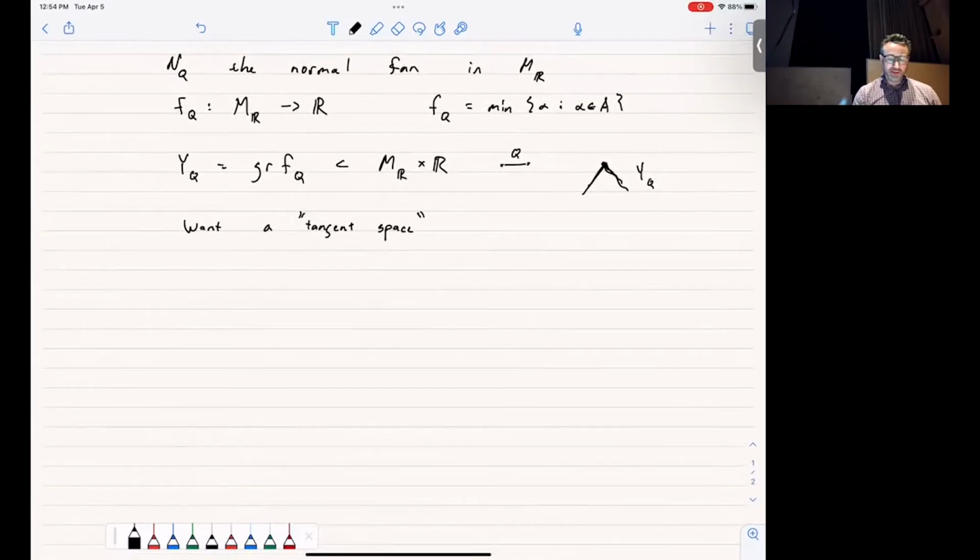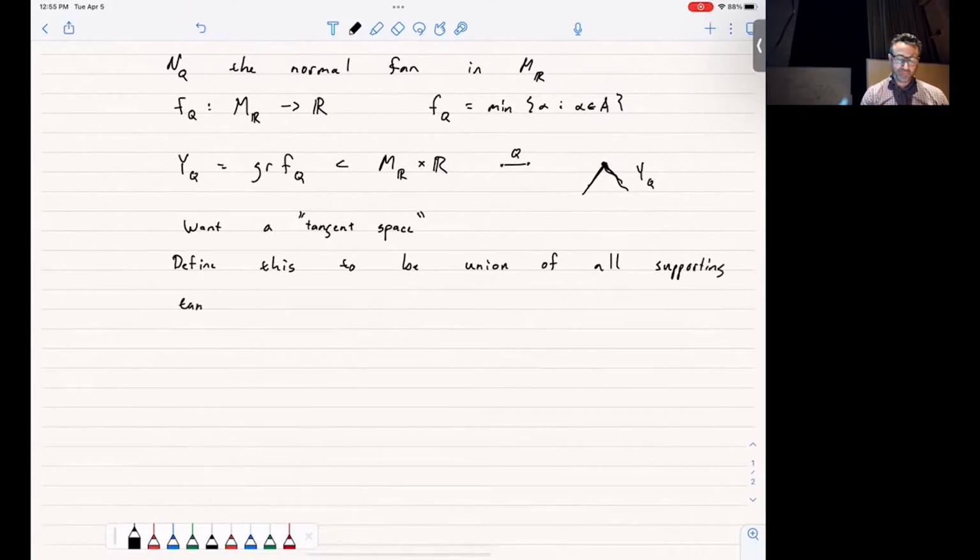So in short, I'll give the definition of what we can do. We'll define this to be the union of all supporting tangent planes, or hyperplanes if you want.